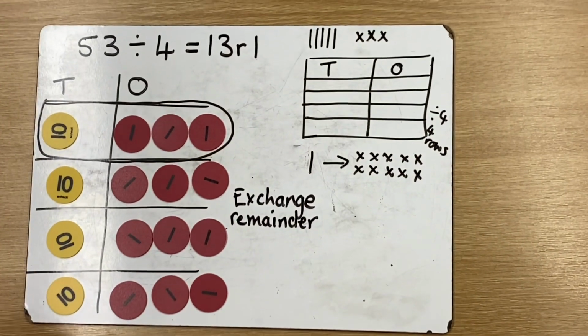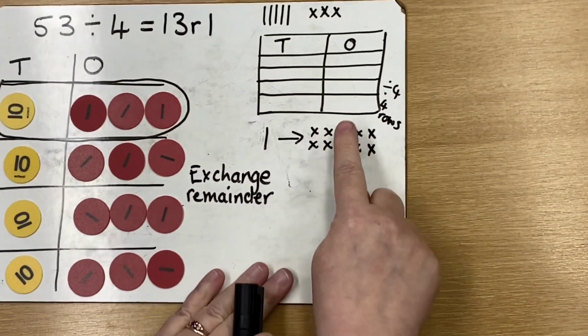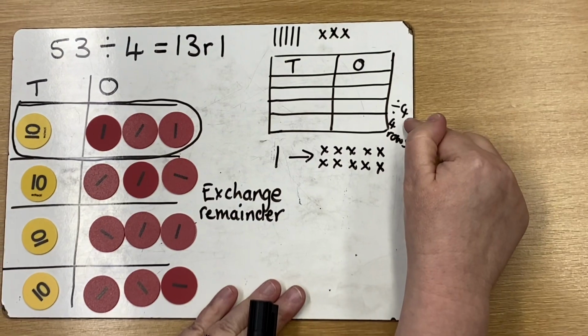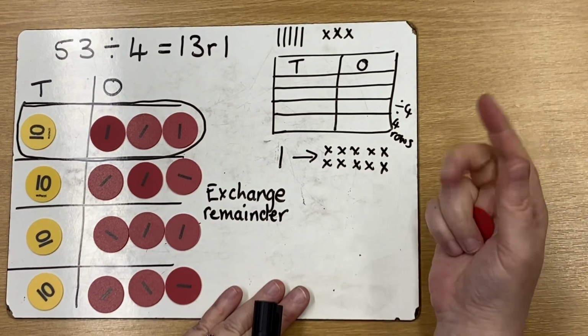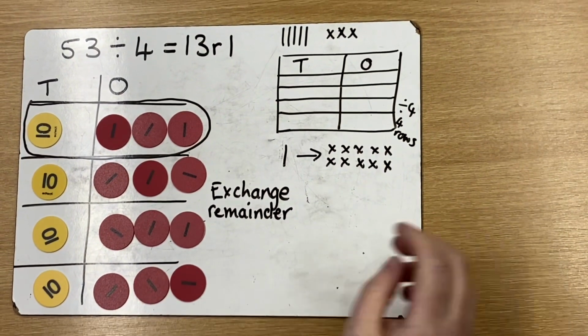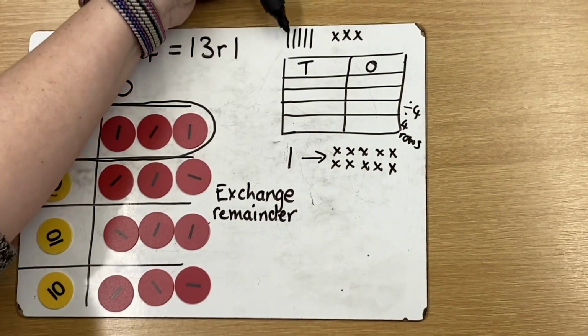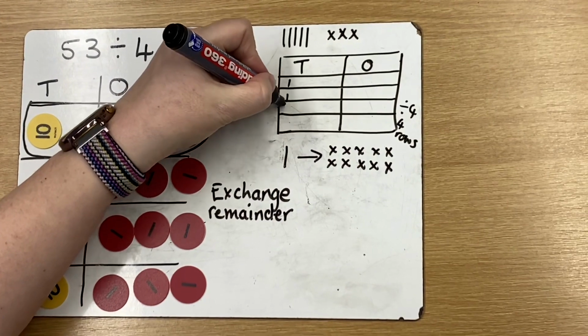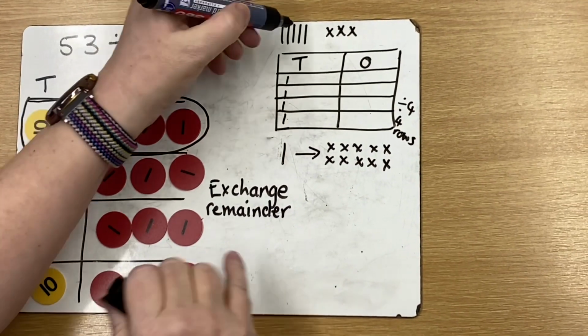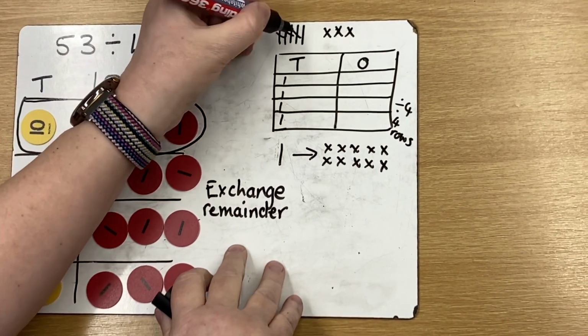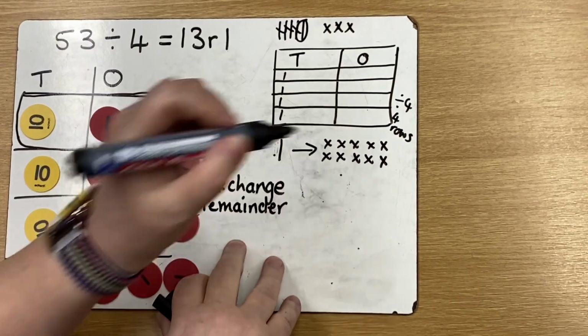We then move on to using that pictorially, and again, divide by 4. The 4 rows really help to see that that's the sharing pattern they're using. So our 10 sticks here, share them out: 1, 2, 3, 4. Again, I have one that I can't use, so I swap that for my ones.